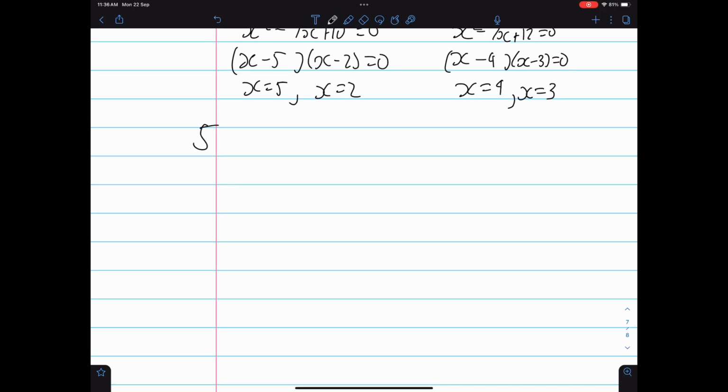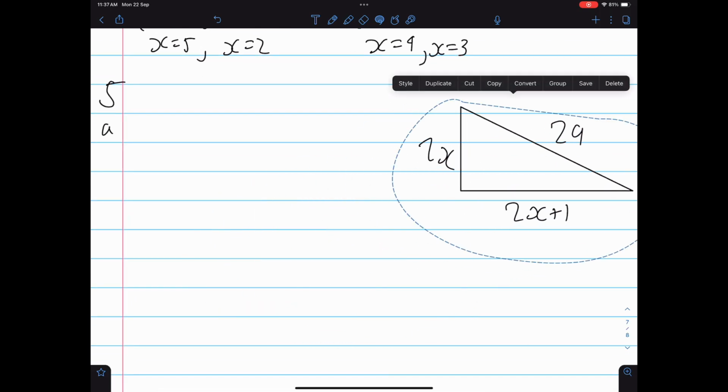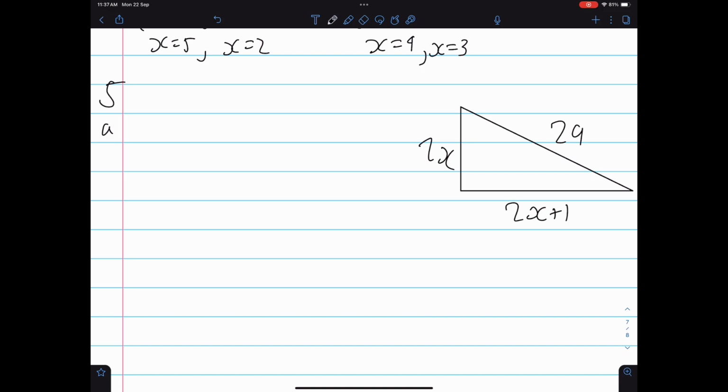So then we'll just keep going on, and we're given a diagram of a triangle. And we're saying this is 29, this is 2x, and this is 2x plus 1. And we need to first show that 2x squared plus x minus 210 is equal to 0. And I think what we should be doing is using Pythagoras and then rearrange it to get that equation.